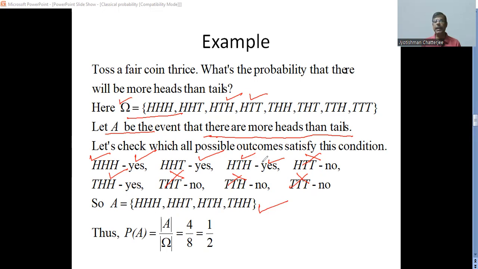So this is our event A. Once we find out what is A, finding probability of A is very easy. That is nothing but size of A by size of omega. So 4 by 8. We have already seen that omega has got 8 elements. So 4 by 8 equal to half.